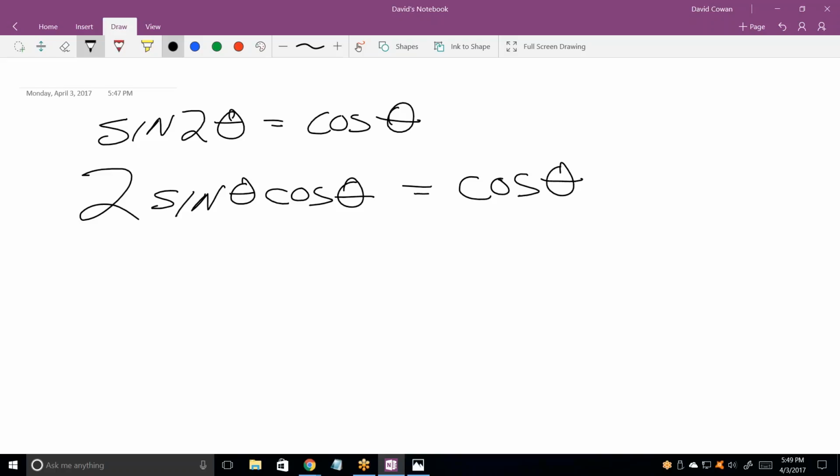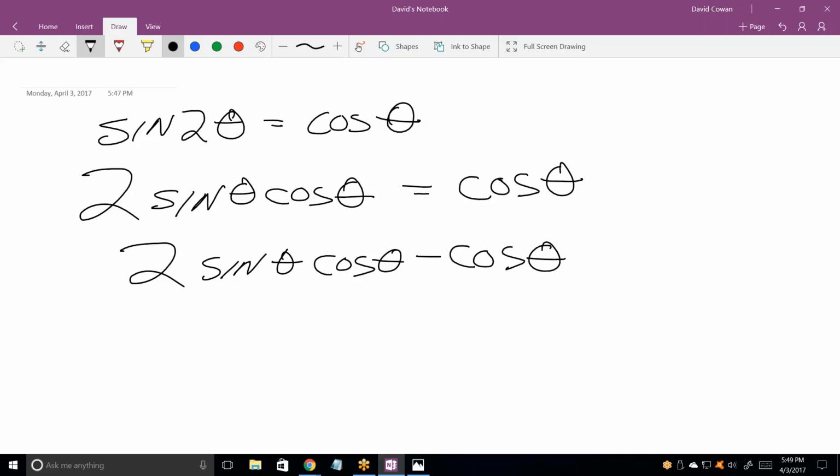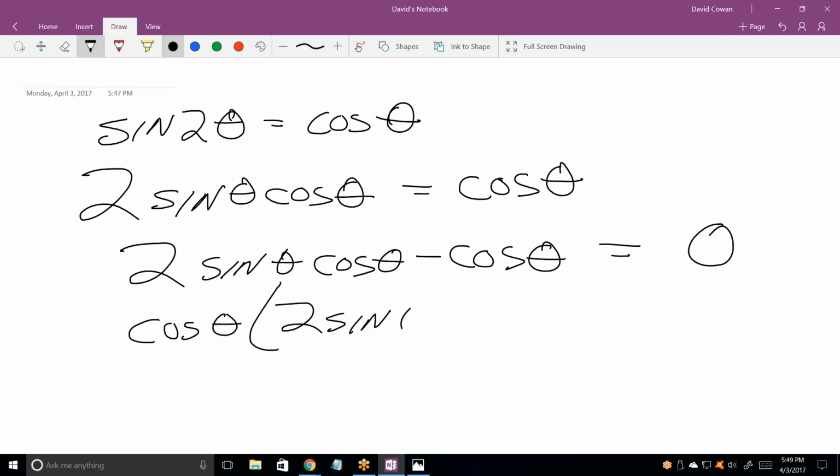The way to solve this problem is to subtract the cosine theta that's on the right from the left, leaving behind a 0. Now I can factor out a cosine theta, leaving behind a 2 sine theta minus 1.